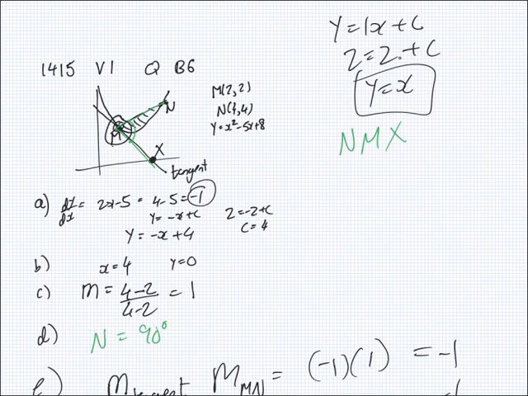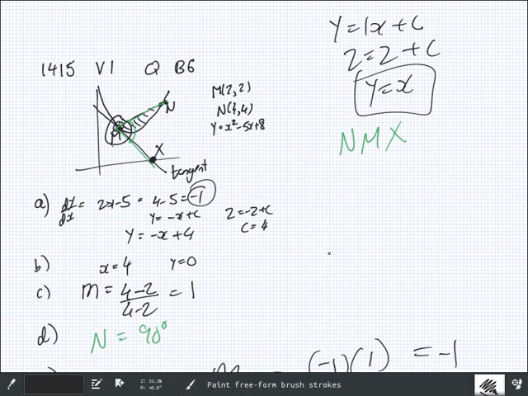That's the equation. But you realise you could have seen that at the beginning, because the point M is 2, 2 and the point N is 4, 4. So all the points on the line obey the equation y equals x. You could have gotten that at the very beginning if you thought about it for a moment.